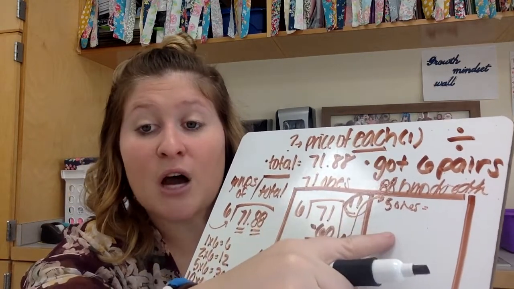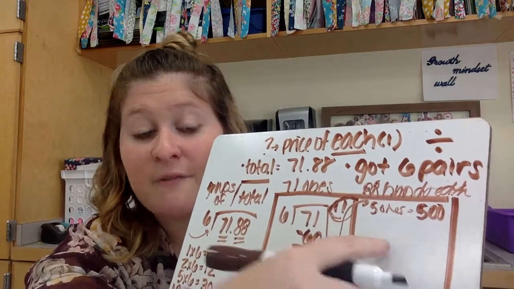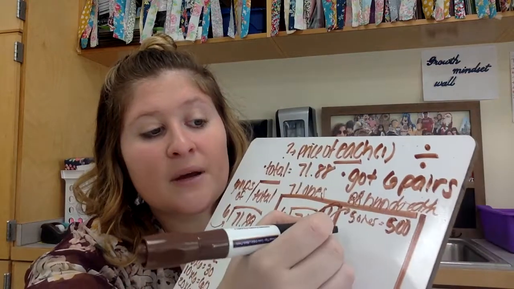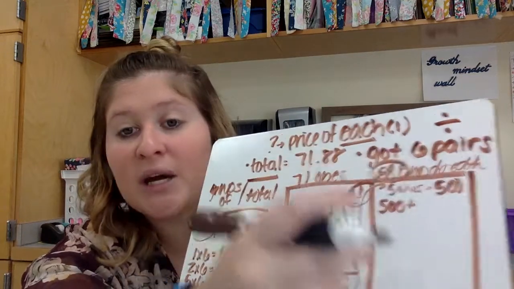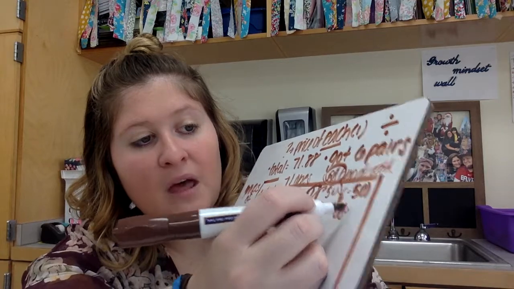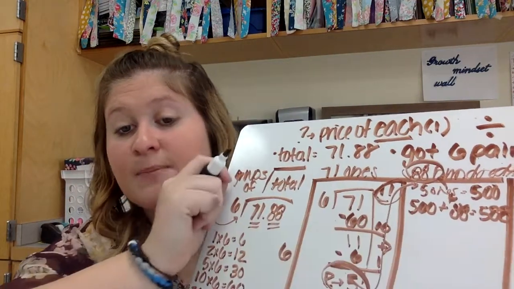So if I have $5, there's 500 of them. So now I have 500. That's for me regrouping and bringing those over. I'm going to take 500. I'm going to add what they already had up here at the top, which is 88. That's going to turn into 588 total that we're using in this box.